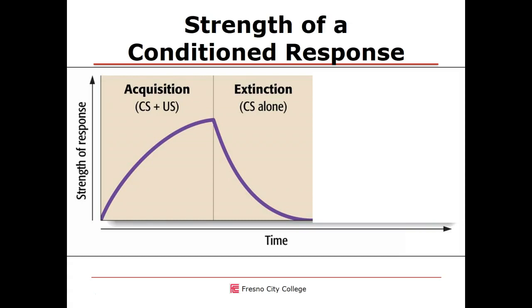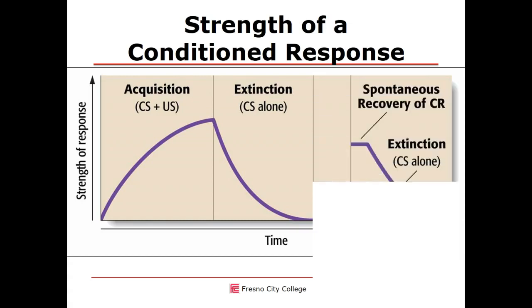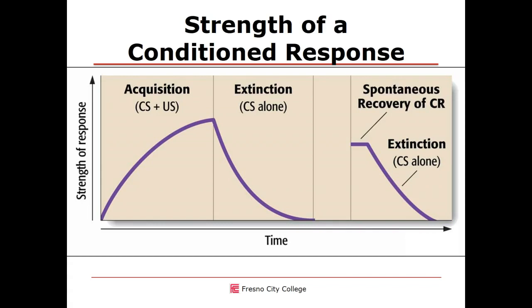Pavlov noticed that he could successfully extinguish salivation in his dogs by making sure not to follow the tone with food, but the following new day the dogs would again salivate to the tone. He called this spontaneous recovery. As you can see from the figure, the strength of the conditioned response during spontaneous recovery is less than the maximum amount during the acquisition period, but nevertheless there is a response.